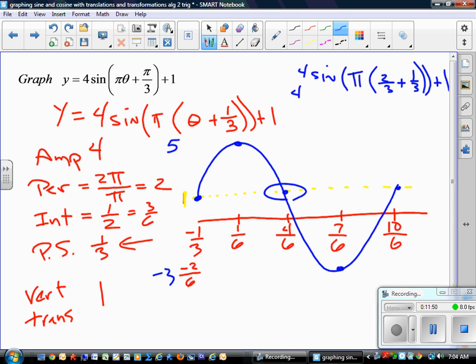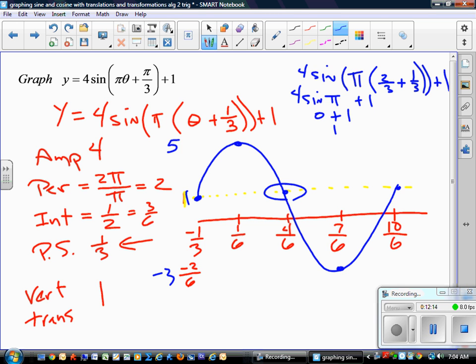So this is 4 sine of pi plus 1. We know that the sine of pi is 0, plus 1 is 1. And look where this value is. It's at 1. So this checks out.